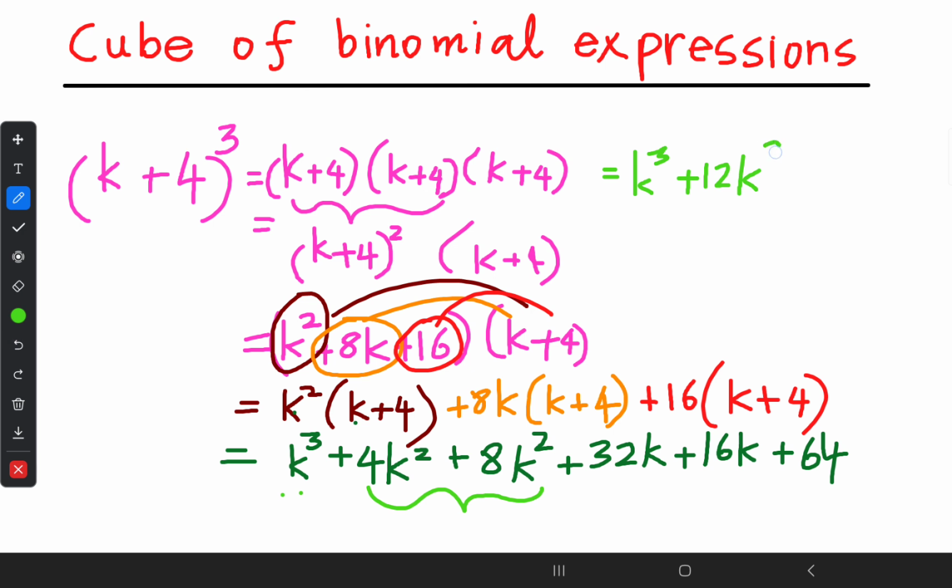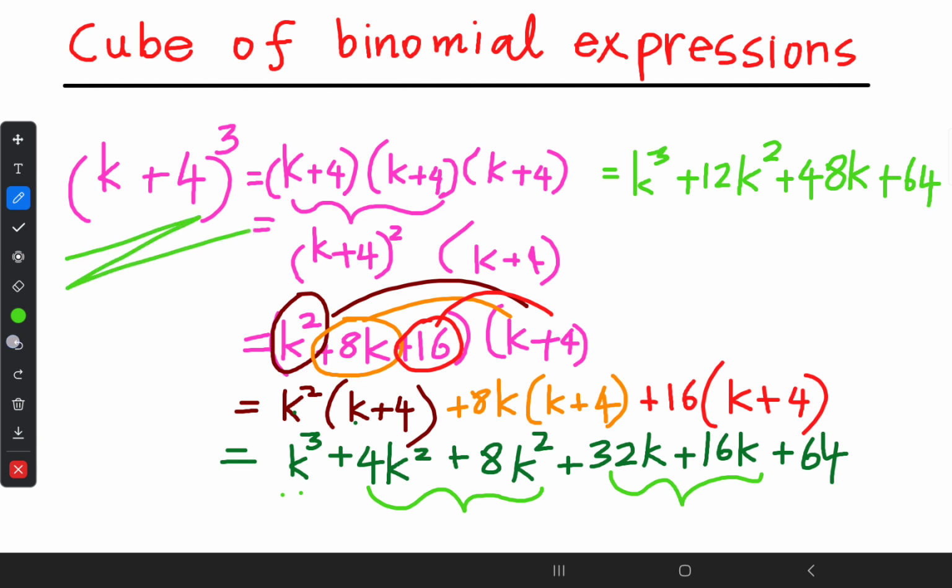Those are like terms as well. 32k and 16k both have k quantities, so we can do the operation between them as well. 32k plus 16k would be 48k. And finally, this number, 64. This would be the expansion of the given cubic function.